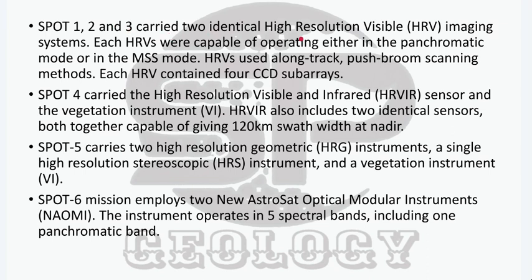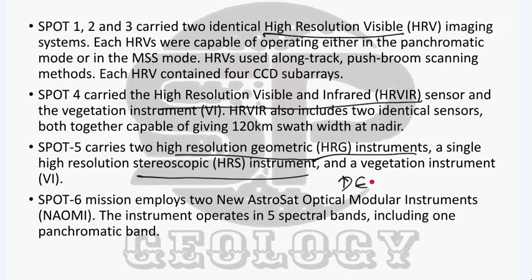SPOT 1, 2, 3 carried high resolution visible, means SPOT is totally in the visible spectrum. SPOT works in the visible spectrum. SPOT 4, high resolution visible and infrared. Okay. SPOT 5 has the high resolution geometric instrument and high resolution stereoscopic instrument. With the stereoscopic instrument we can get DEM, digital elevation model.